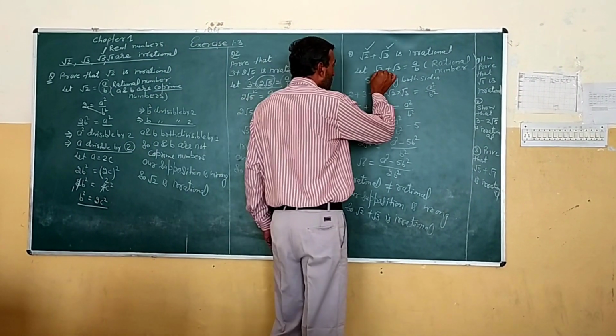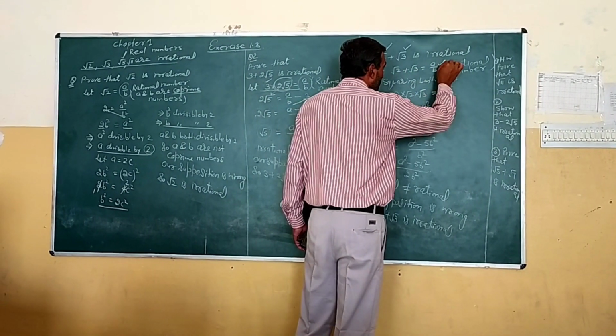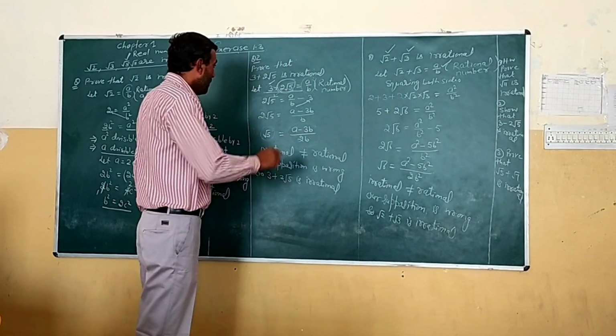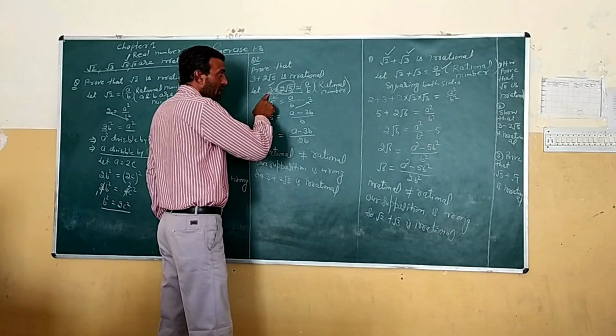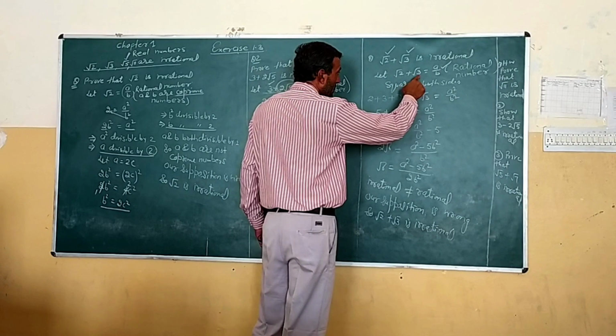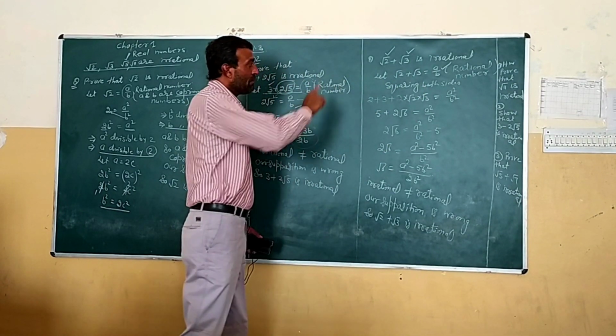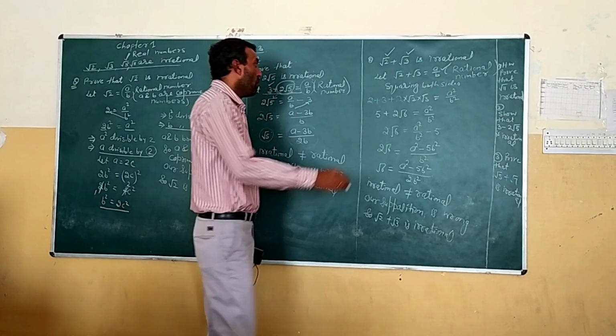First condition is the same. Root 2 plus root 3 is equal to a upon b. What is the difference between this question and the previous question? Here there is no root in one term, but here both the terms are in the form of root. So the first step is squaring both sides, removing the roots.